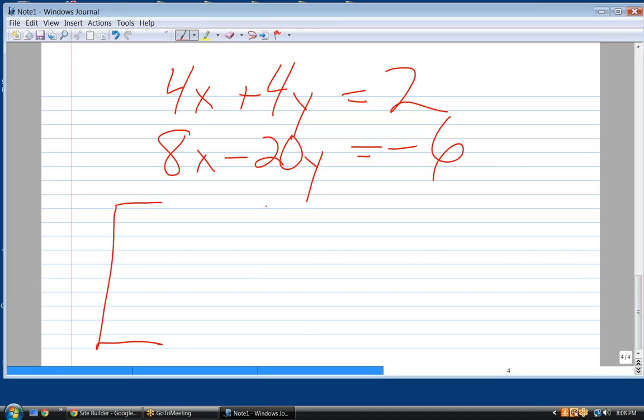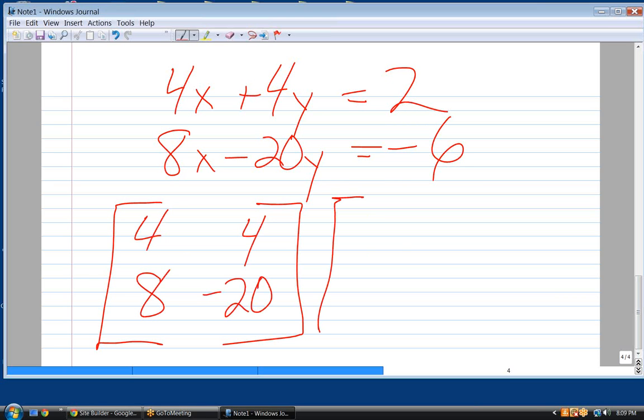Alright, it's been a while since I've done matrices, but I think the way we're going to do this is this way. Let me think for a moment. If I multiply these two matrices, hold on, I'm going to have to get my book.